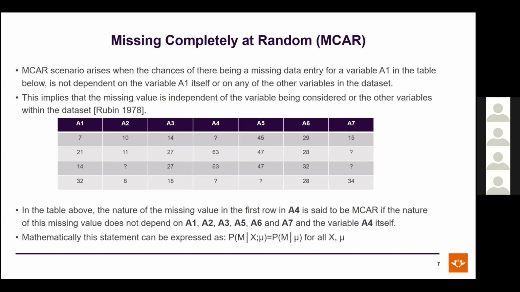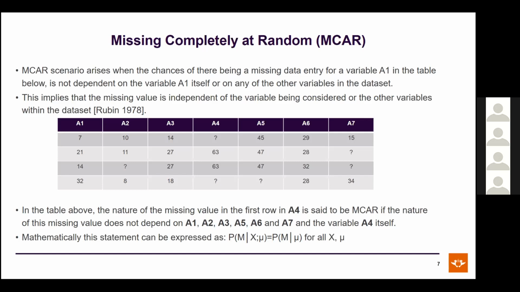Let's have a look at the table. In the table above, the nature of the missing value in the first row. For A4, because we see there's the question mark. If we look at row 1, A4 is missing. Everything else is present.